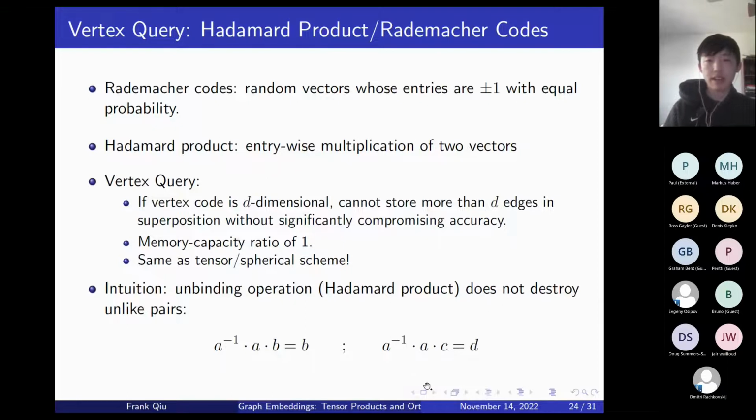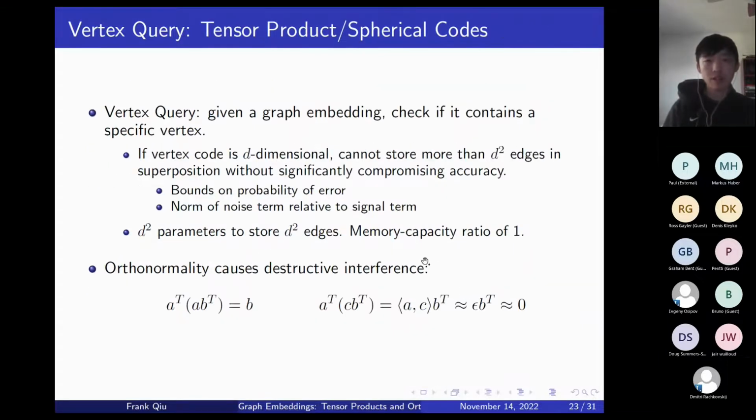It does not destroy unlike pairs. So on the right, if I unbind by A on the left, this term still is going to be just a Rademacher vector. And so this noise term is still going to just be another Rademacher vector. It doesn't shrink in any way, unlike in the orthonormal tensor product case.